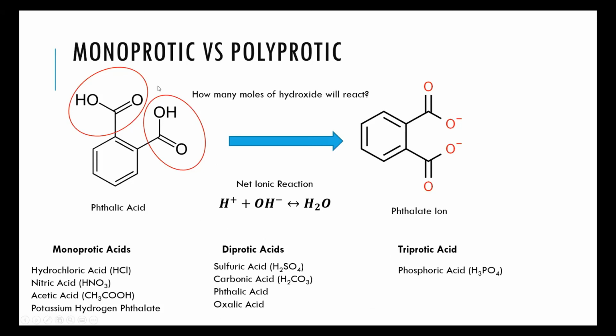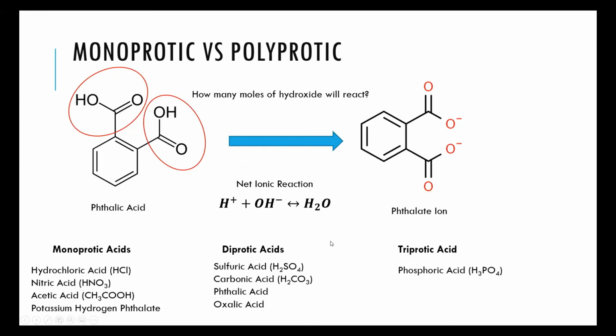For this one molecule of phthalic acid, there are two hydrogens that can break off. So this 1 mole of acid would react with 2 moles of hydroxide and still produce the phthalate ion and 2 moles of water.